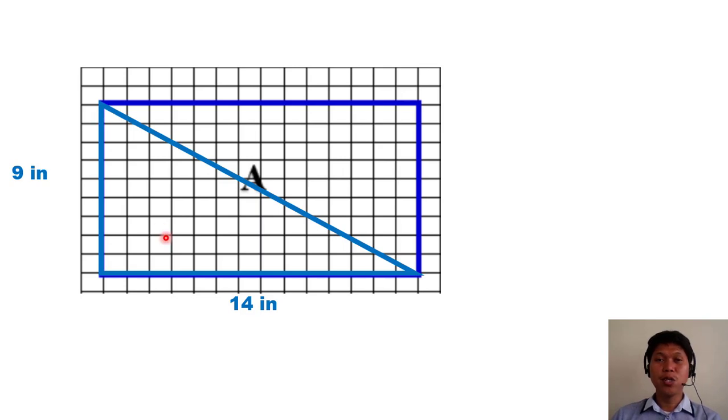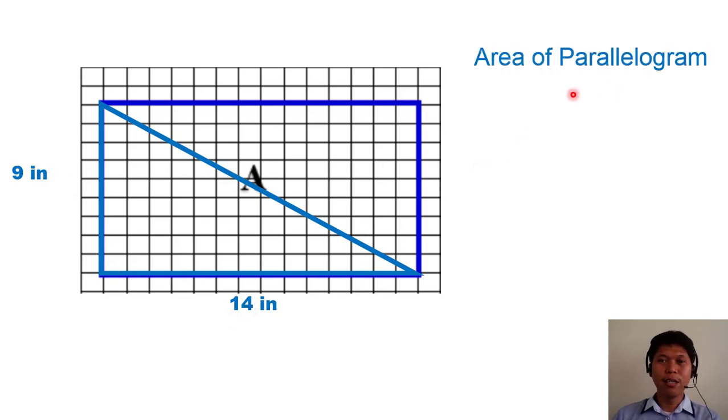Our target is to easily solve for the area of this figure. The area of a parallelogram, like for example a rectangle or a square, is just base times height. So we just need to multiply 14 times 9.